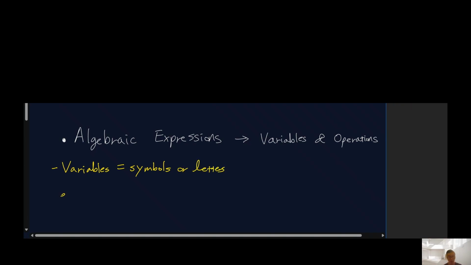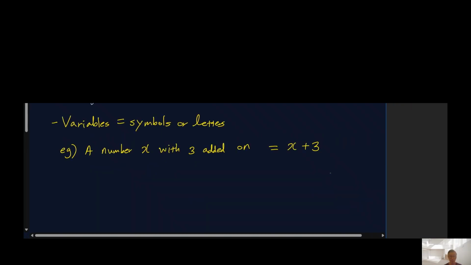Right. So, for example, we have number x with 3 added on. How do we express this English as mathematics? This would be x plus 3 using the algebra.